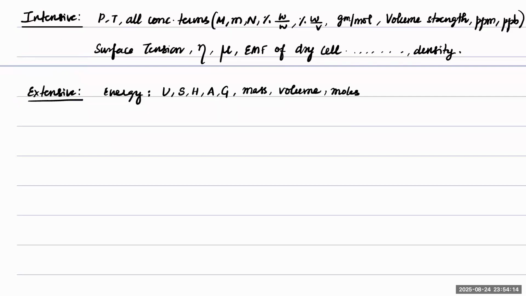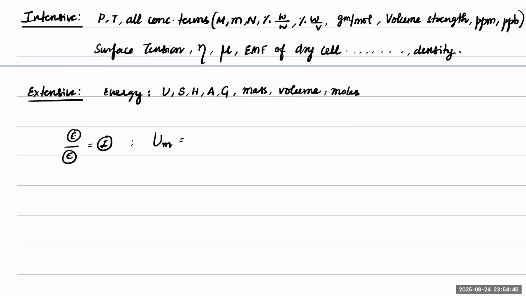Now, in case I try to divide an extensive property by any other extensive property, you'll always end up getting an intensive property. Got it? That's why whenever we write Um, Sm, Hm, Gm, the m represents per mole.